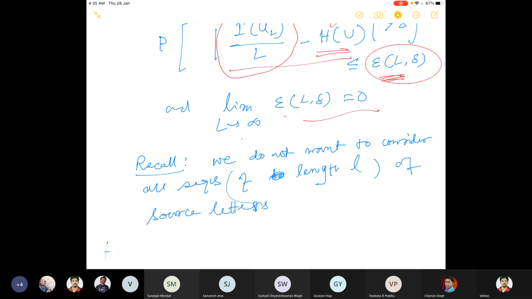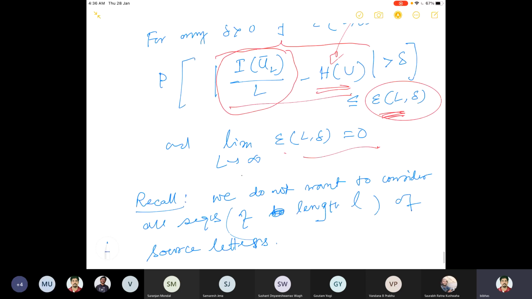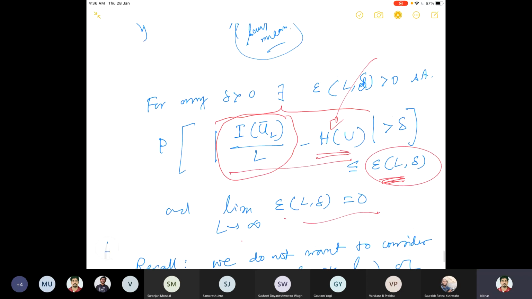But we want to have this property that we'll consider only the set of sequences of source letters of length L which have the property that the difference between this and this is satisfied, let's say.